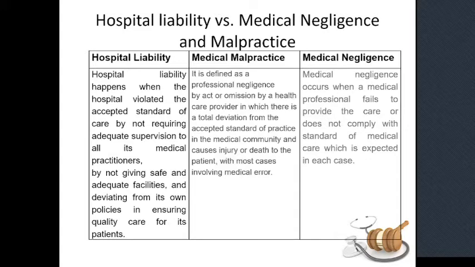So medical malpractice is a result of medical negligence leading to death or injury to a patient. This can become a form of legal problem for doctors because you have now caused injury because of your medical negligence.